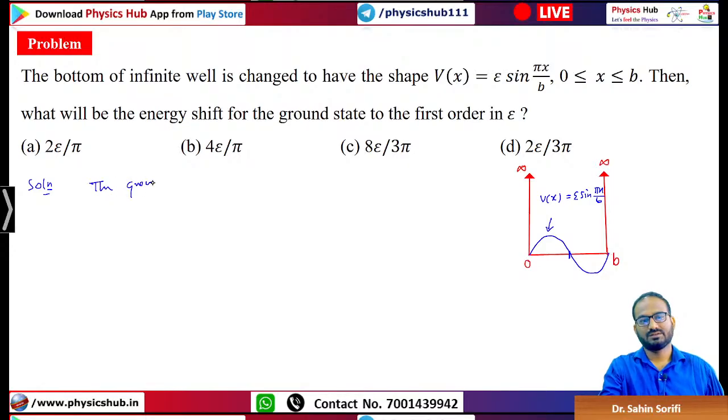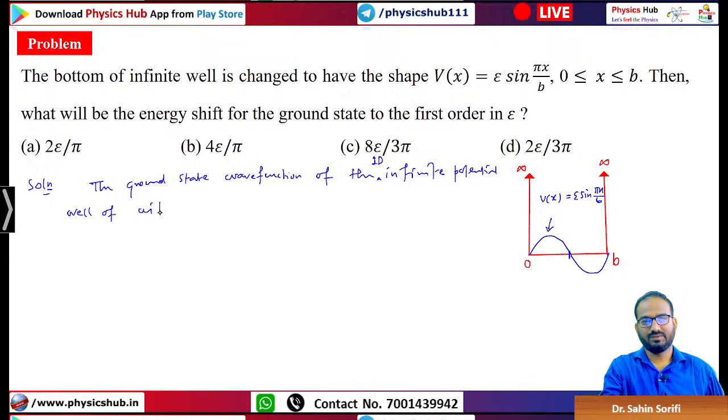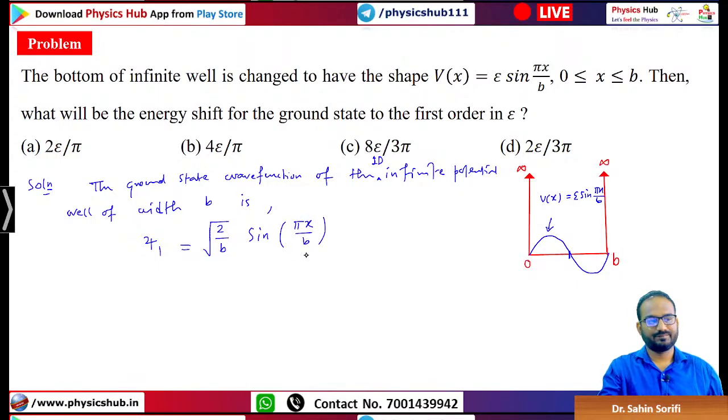The ground state wave function of the 1D infinite potential well of width B is psi 1 equals square root of 2 by B, sin n pi x by B, with n equal to 1. So, sin pi x by B.